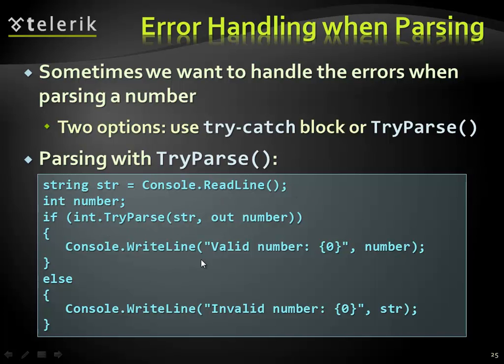So if the parse failed, our application will not crash, and we'll just get a notification that the parsing was not successful. If the parsing is successful, our variable will be assigned with the value.